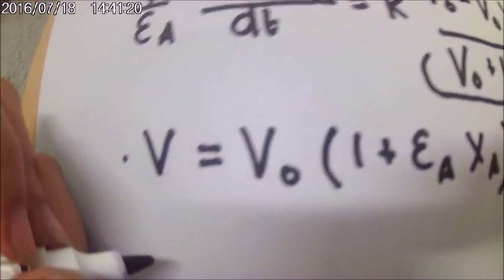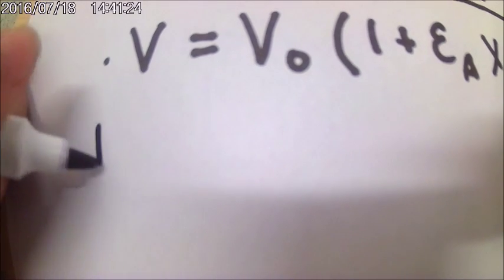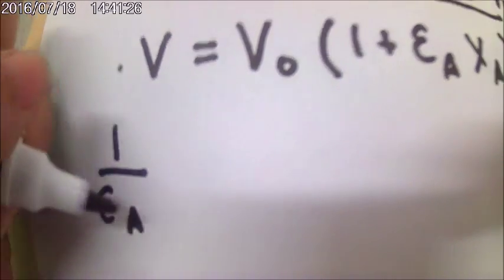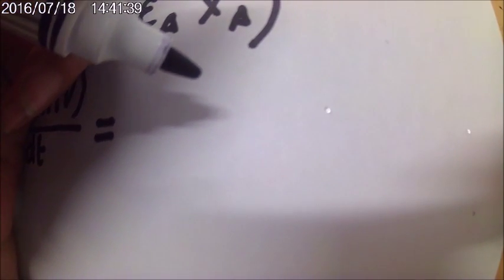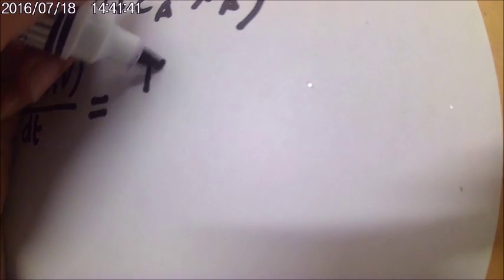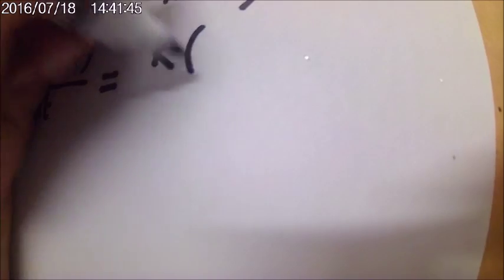So we can write this as 1 over epsilon A d of ln V over dt equals k times 1 minus XA over V.